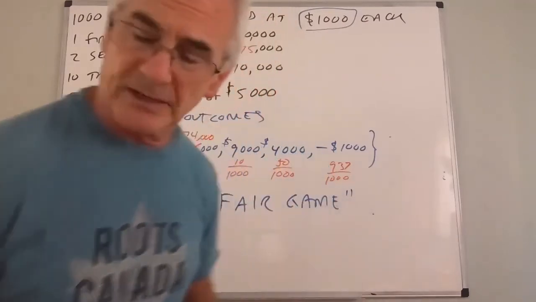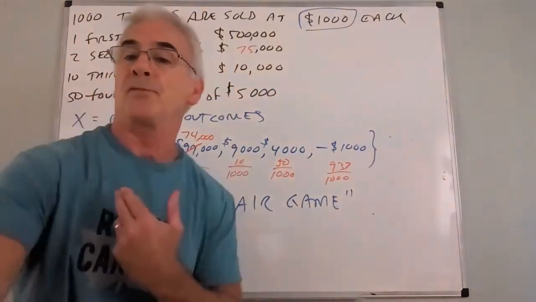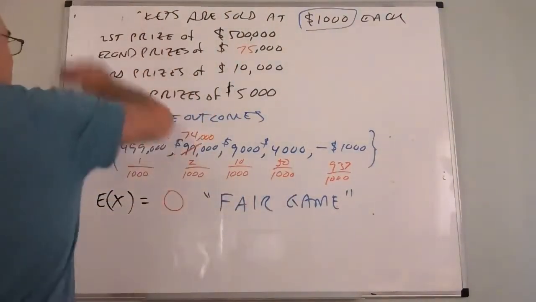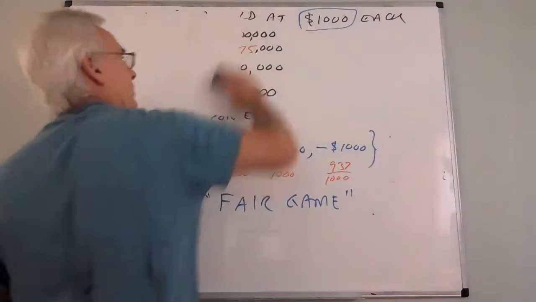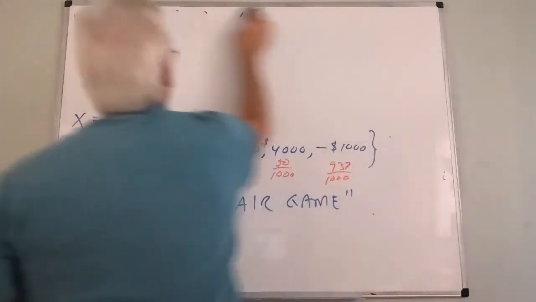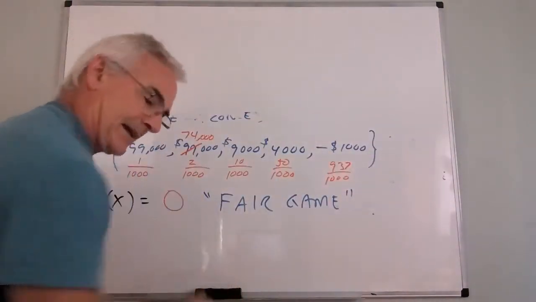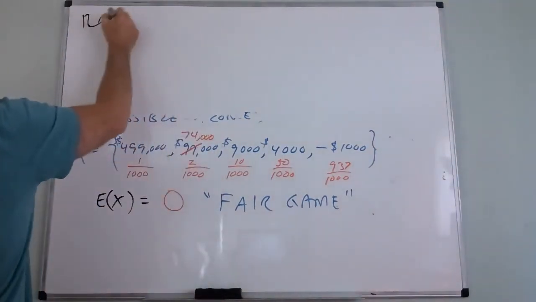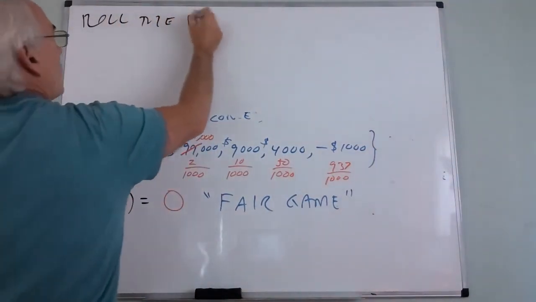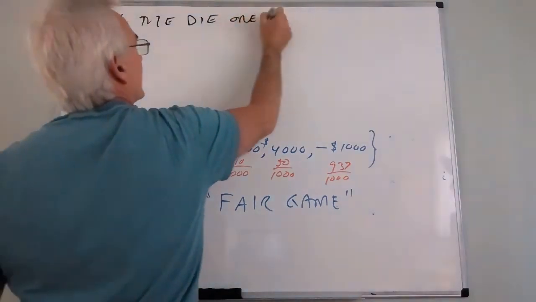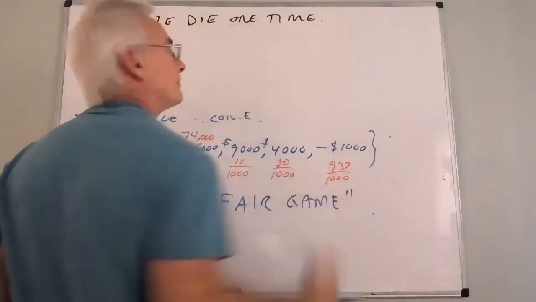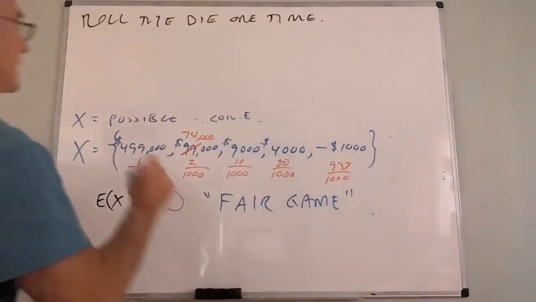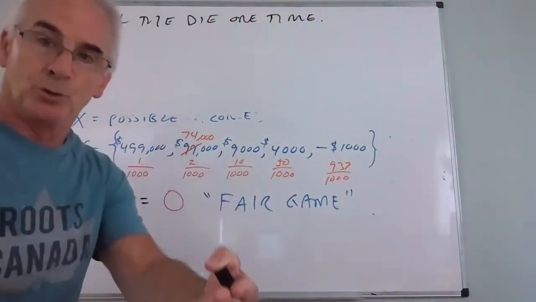So let's suppose you and your friend want to play a game, right? You're not a casino, just the two of you. And we're going to keep it a simple game here. We're going to roll a die, a single die, one time. Now here's how it works. Think of it in terms of you, not your friend.